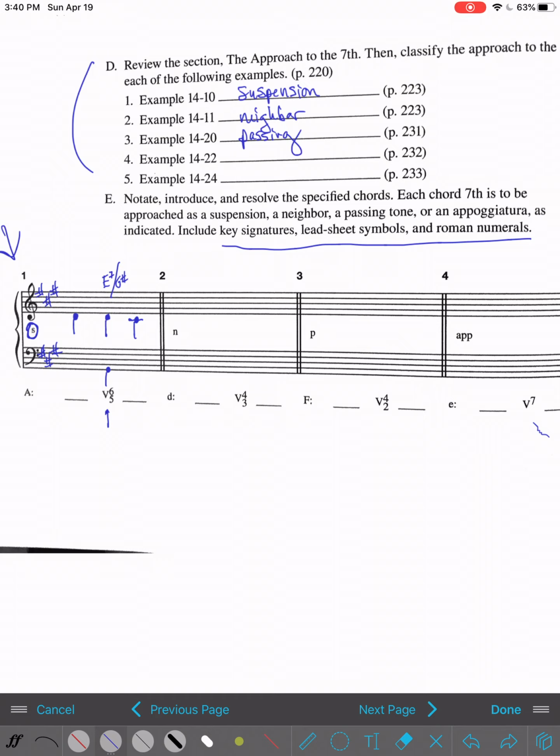All right, so how do we get to this 6/5 chord safely from some other chord, okay? So what are our options? Well, we've got to have this pitch in there, don't we? Okay, so what are our options to have that pitch in there? Well, we could have a 4, right?